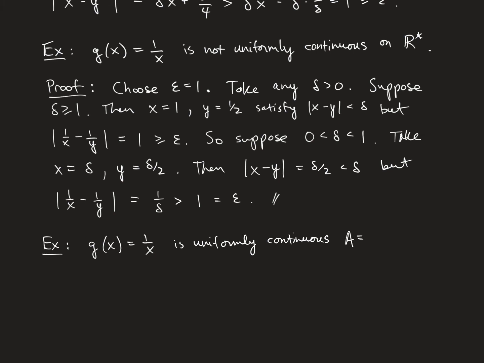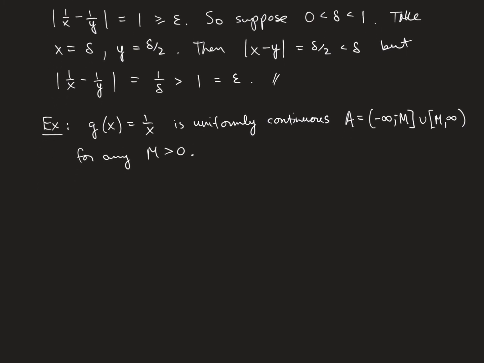This is uniformly continuous on negative infinity up to negative m, union m to infinity, for any m greater than 0. So to see this, we let epsilon be greater than 0.